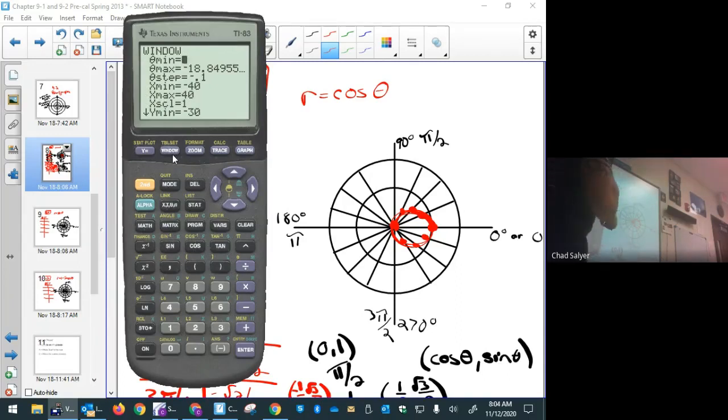We went from 0 to pi, so we'll replicate that here. And the theta step should be positive about 0.1. Now, if I did negative 40 to 40, you see how it would just be a little tiny speck, and we wouldn't even know what's going on. So let's do like we did here. So negative 2 to 2, and negative 2 to 2.